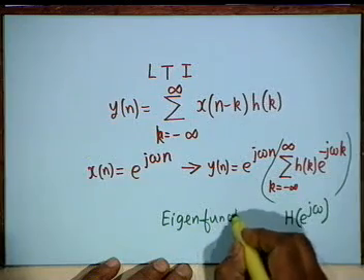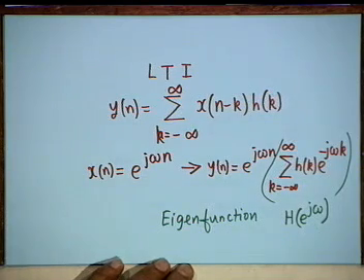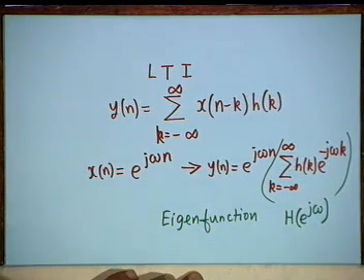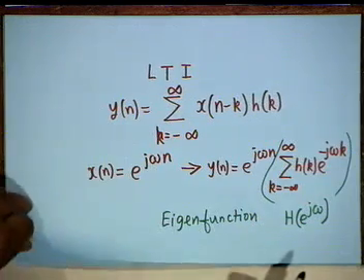So, e to the j omega n is an eigenfunction of a linear discrete time invariant system. And you notice that this capital H of e to the j omega, let me write it down, capital H of e to the j omega multiplied by e to the j omega n.